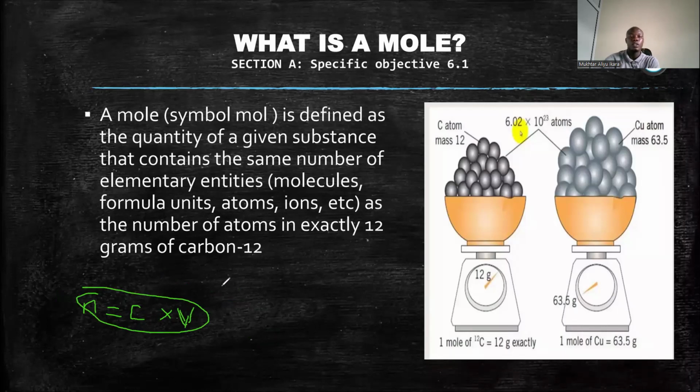This is also another formula. Ladies and gentlemen, these formulas, as I have listed them, are very important, and you should try as much as possible to see how you will apply them. As we continue with the lectures, we are going to look at how to apply all these different formulas.